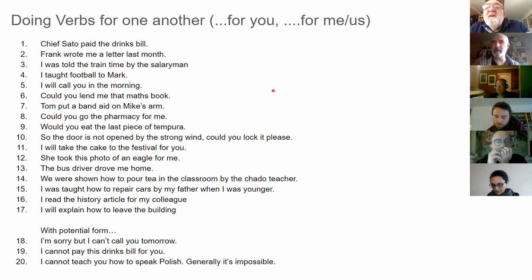So let's do a little bit of practice of these. I know we did this practice a few weeks ago, but I would like to now use it in a slightly different way. So, Jock, let me start with you. Chief Sato paid the drinks bill. Let's use this as putting yourself as the subject and him being the person who did something for you.